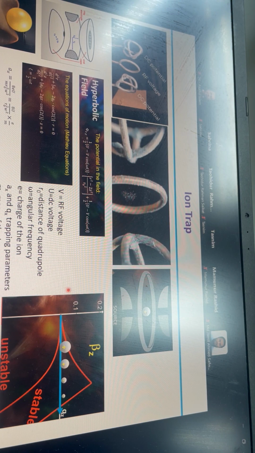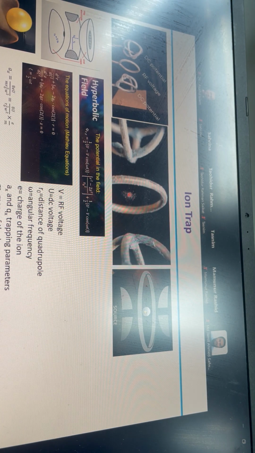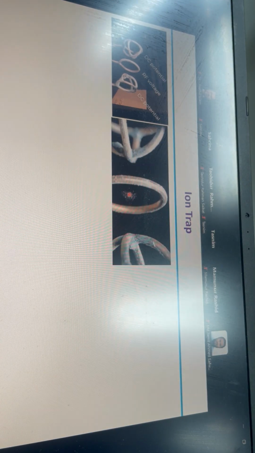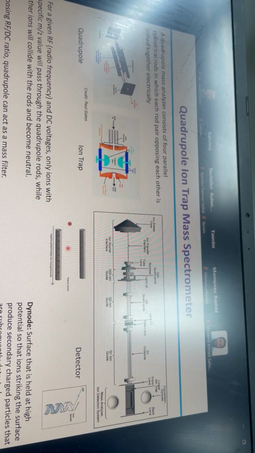So as I mentioned previously, these ions need to go through the middle path. Okay, when you are driving and you hit a tree or something close to the edges of the road, it means you were lost.